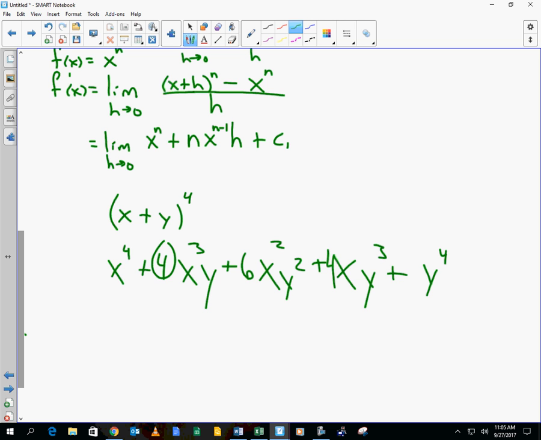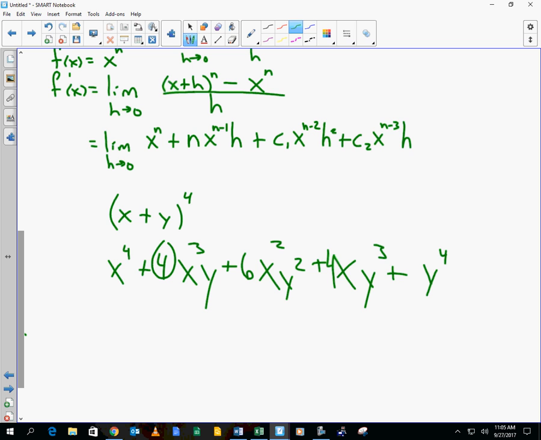I'm just going to write c sub 1 because it's some coefficient. But we do know this. What's going to happen to the x? N minus 2. What's going to happen to h? So h squared. We don't know what the next coefficient is, but we do know it's going to be x to the n minus 3.